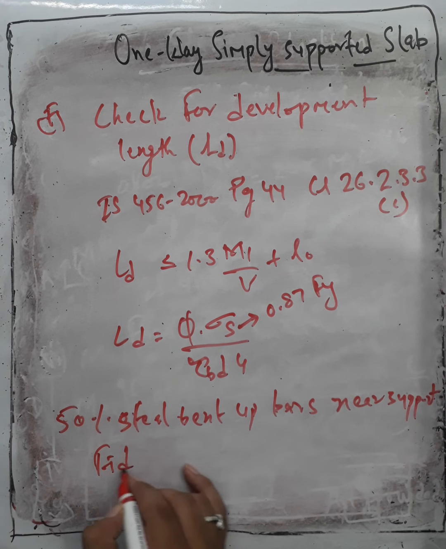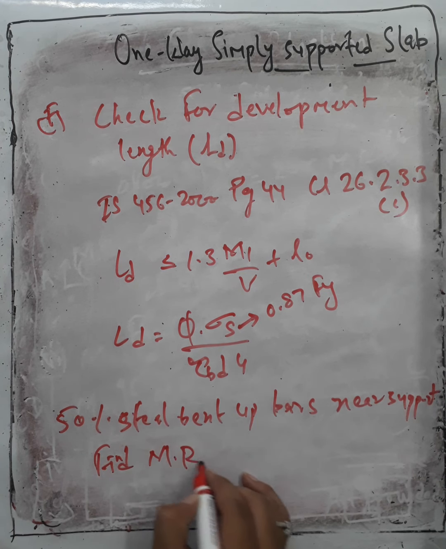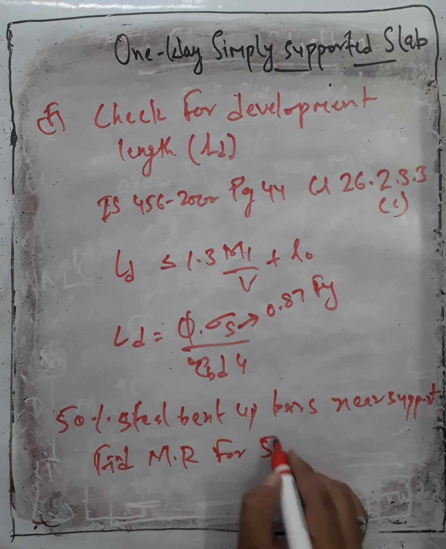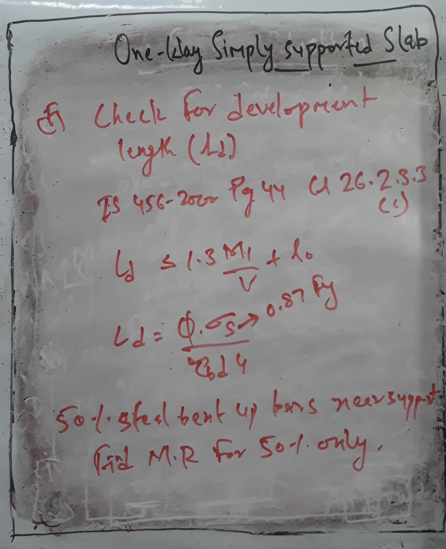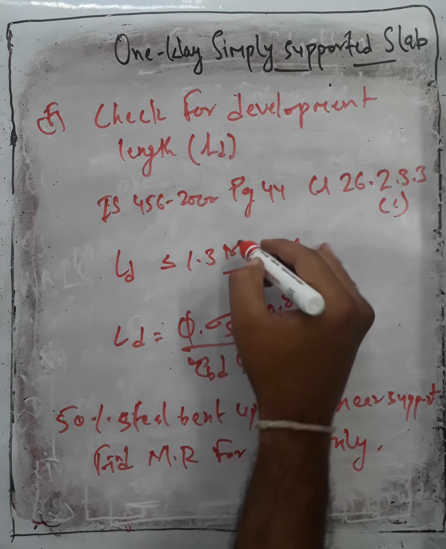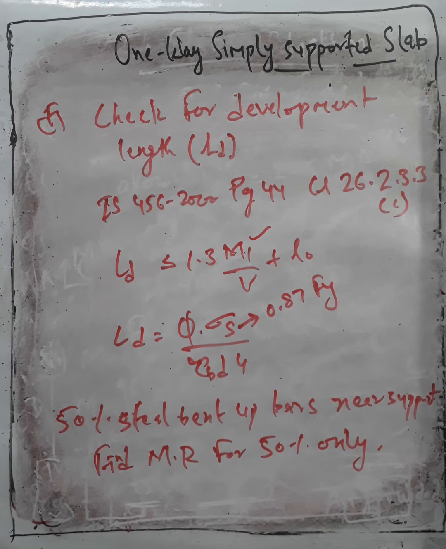Find MR for 50% only, because we take 50% of steel as bent up bars, so we find the moment of resistance for 50% only, because here we have to find the M1 and M1 is the moment of resistance. So moment of resistance is found for the 50% steel. Okay, so these are the checks for development length.